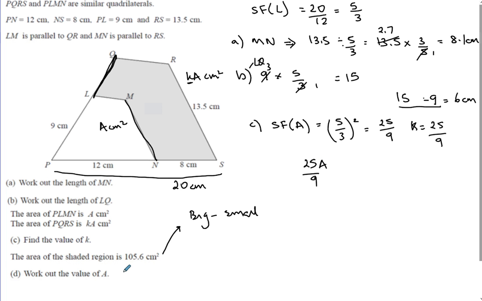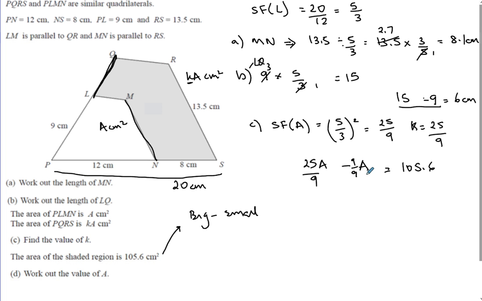Yeah, I'm sorry, the question is work out the value of A. Okay, so 25/9A minus the area of the small, which is A, equals 105.6. Okay, now when you look at that A, you can tell that's like 9/9, because it's like 1A.